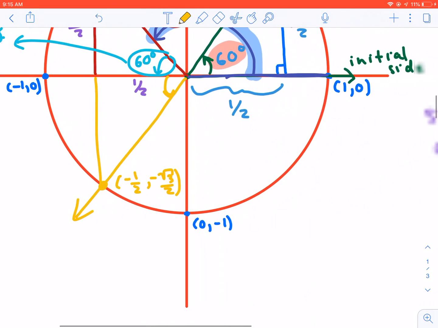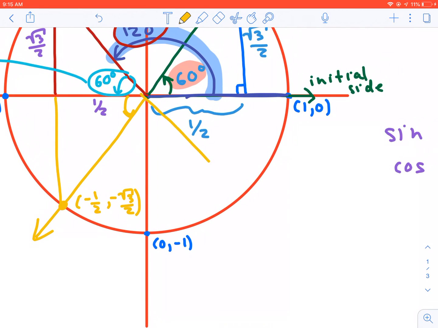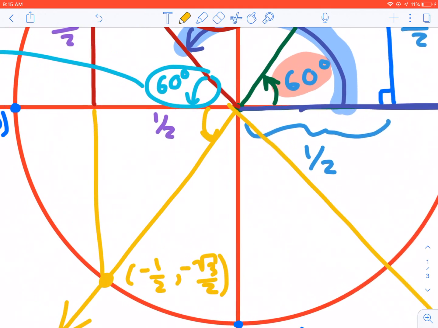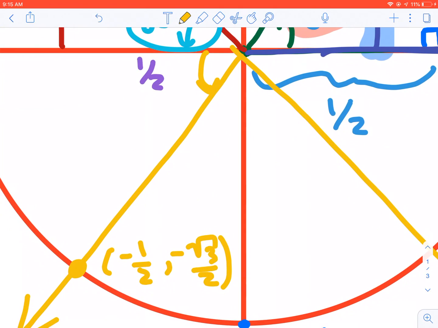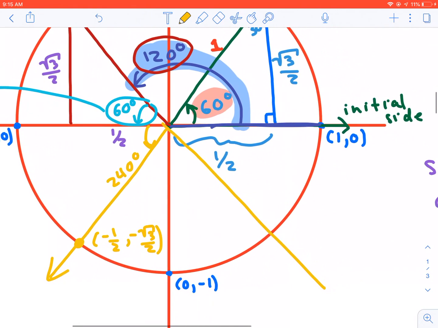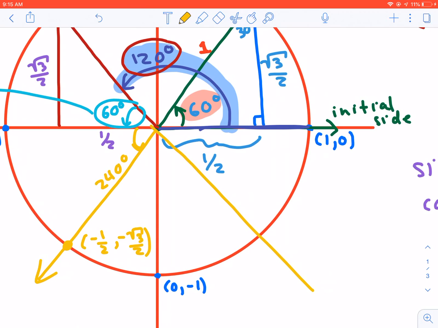And if I drew it in the fourth quadrant, let's think about the angle measure here. I'm just going to write the angle measure on the line to keep it less cluttered. So that's 240 degrees. Over here, if I want this to be 60 degrees again, when I draw in my right triangle, we know there's 360 in a full circle.